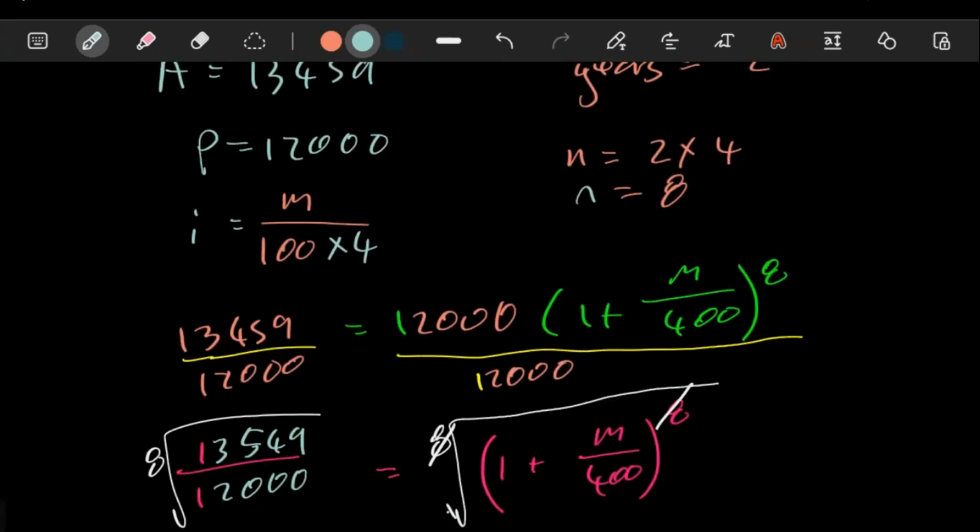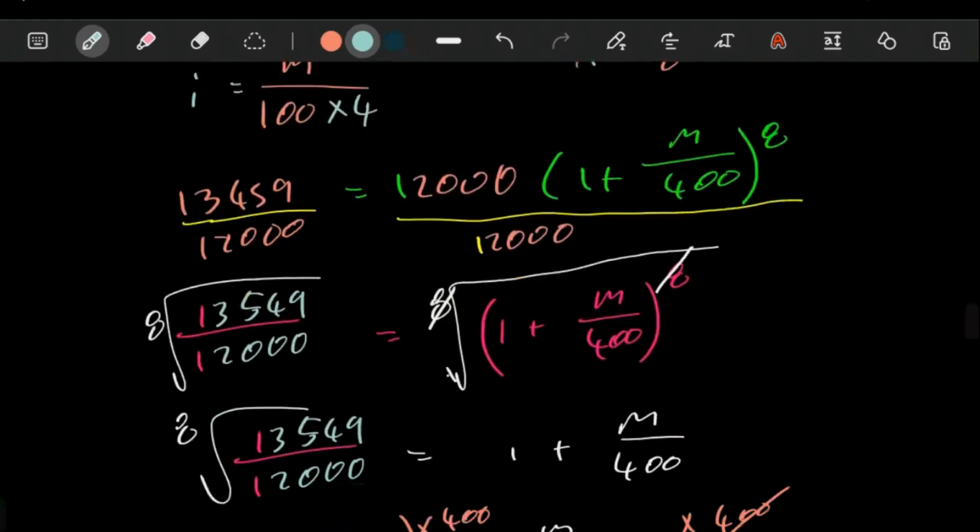So let's see, 12,000 times 1 plus m, which is 5.78, the whole thing over 400, the whole thing to the power of 8. Yeah, it's giving us the correct answer. So let's move on.